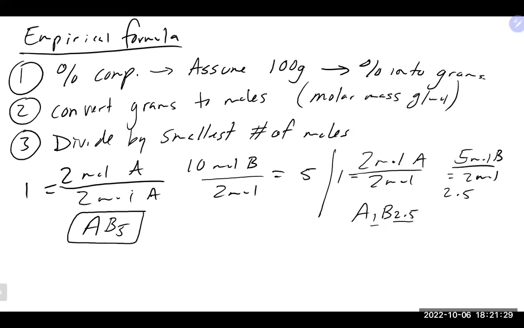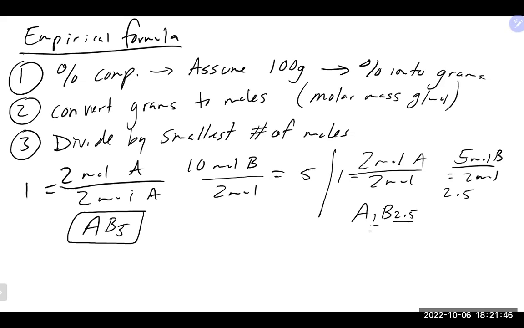The subscripts, which are the moles of each of these elements, do need to be whole numbers. So 2.5 is a little too far to round, and pretty much in a textbook problem, anything outside of the laboratory is too far to round.